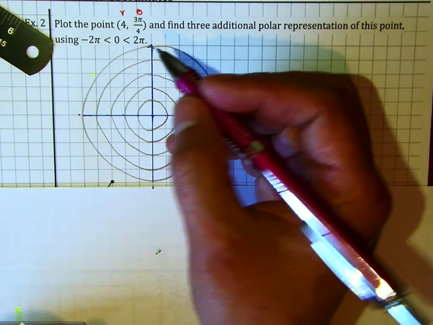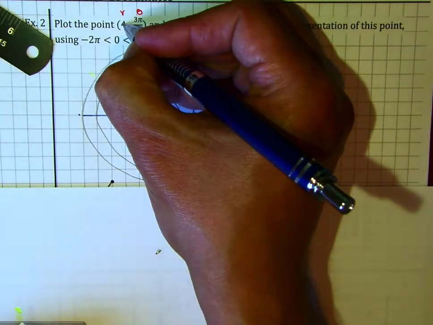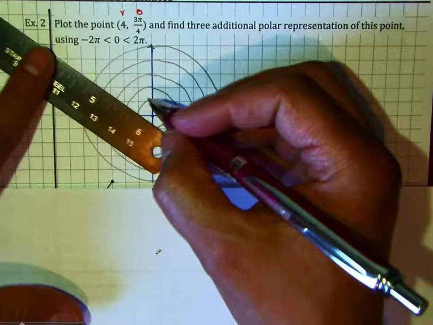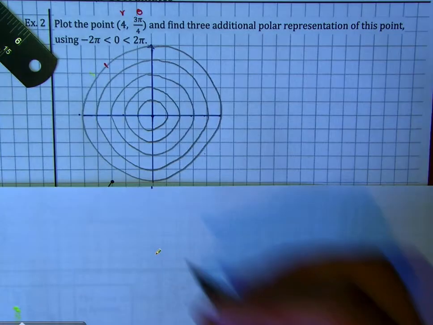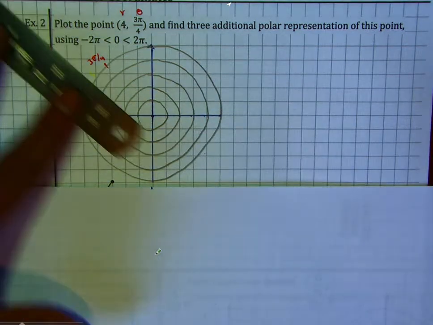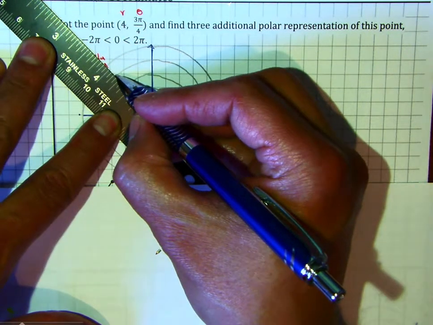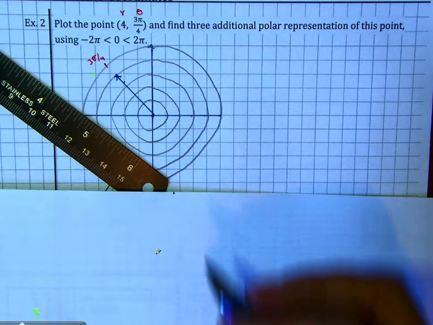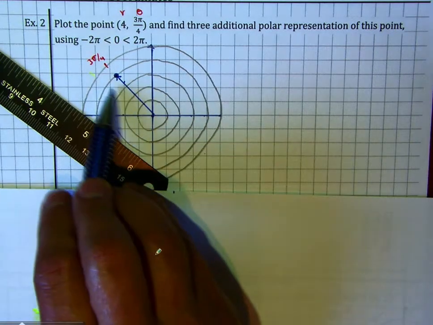In this case, it's going to be the distance from the pole to the point, which will be 4 units away. 3 pi over 4 is over here. And now it's positive 4. Remember, if it's positive, you go towards it, 1, 2, 3, 4. Sometimes you might just see one point instead of a ray.